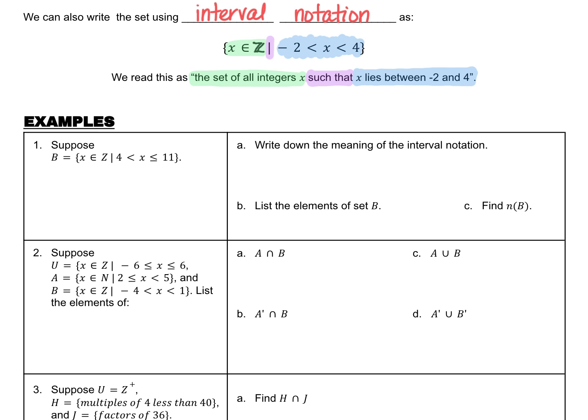So when I write it down, I am going to say X is the set of all integers such that X is between 4 and 11.